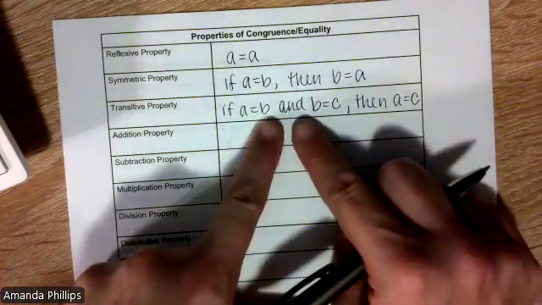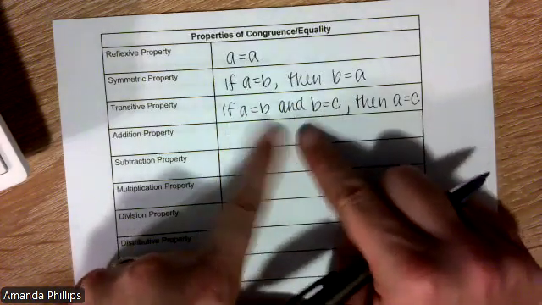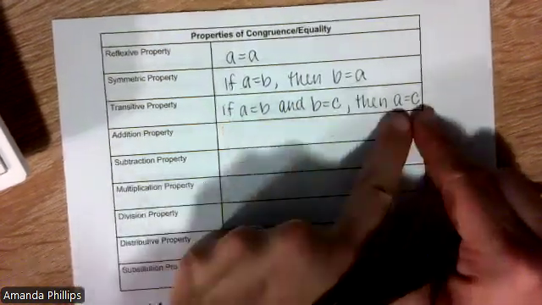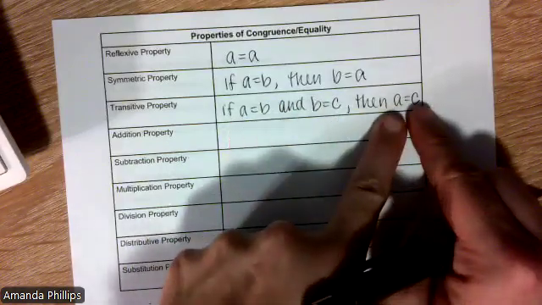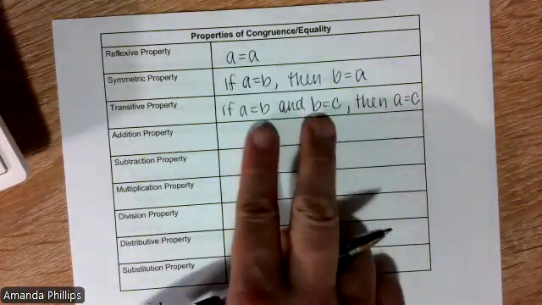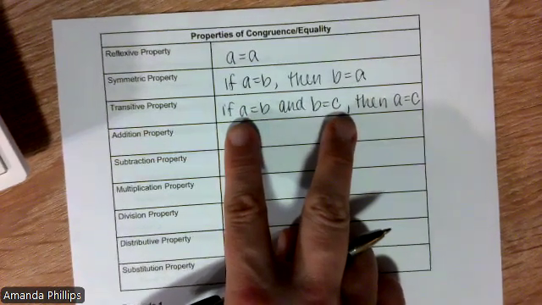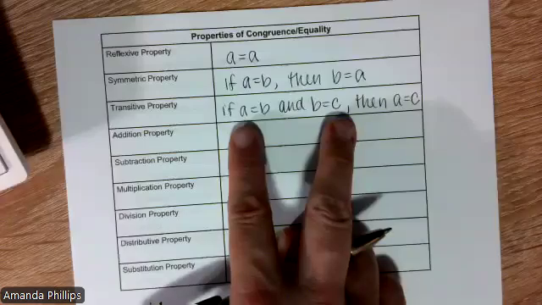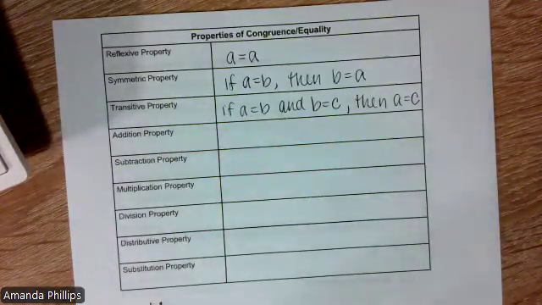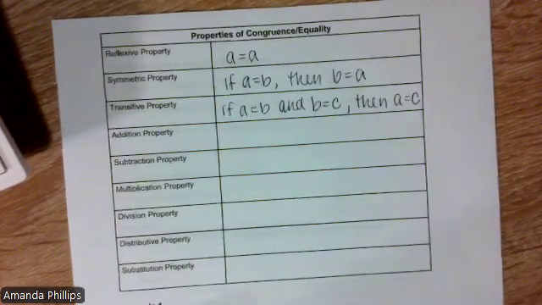And so I think about, we have these two statements and we're moving it to say that the other two equal the same, right? So if we know that they're both equal to B, then we know that A and C are also equal to each other. Now, I know right now this seems a little abstract and it's a little weird. Once we start doing some examples, you'll see what we're doing, okay?